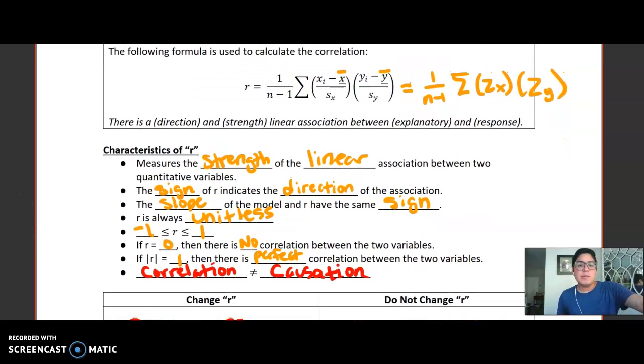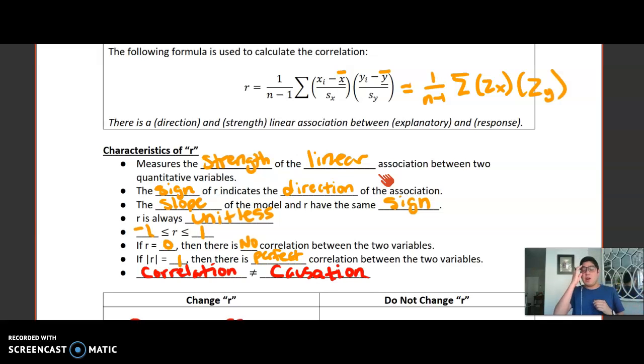Now, based on this formula here, we have a few characteristics of r that we have to take into consideration. Well, r measures the strength of the linear association between two quantitative variables. So basically, the closer r is to 1, the better the strength is. Now, the sign of r indicates the direction of the association, and that's because if this correlation coefficient is following this trend of the data, and the slope shows us that rate of change between the two variables, they should have the same sign, or the same direction.